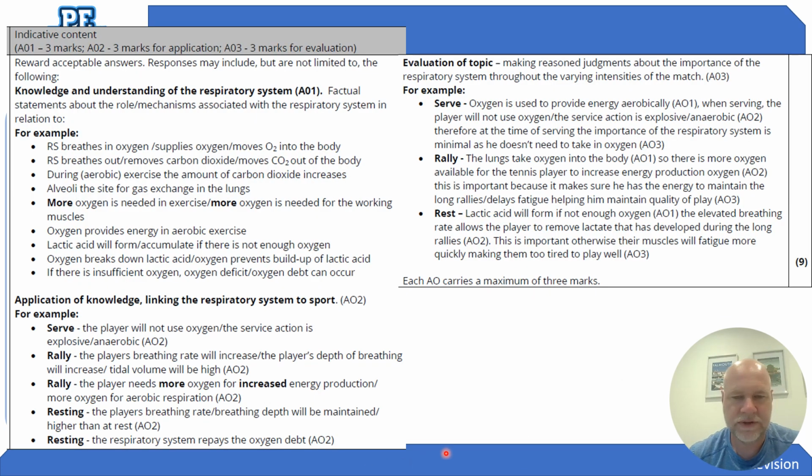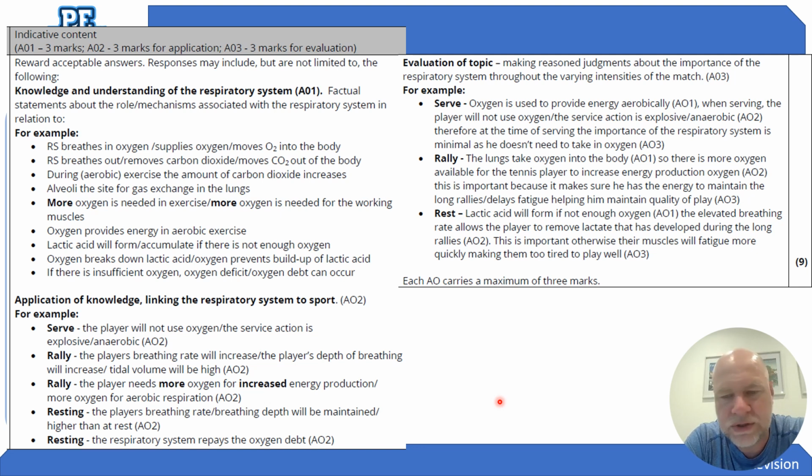And finally, I've just got a mark scheme here. You can pause if you want to and go through it. And this is breaking down a 9-mark exam question, looking at the respiratory system in tennis. And the exam question wants to know, analyze the importance of the respiratory system in tennis, and it gives you 3 scenarios: a serve, a rally, and in resting.